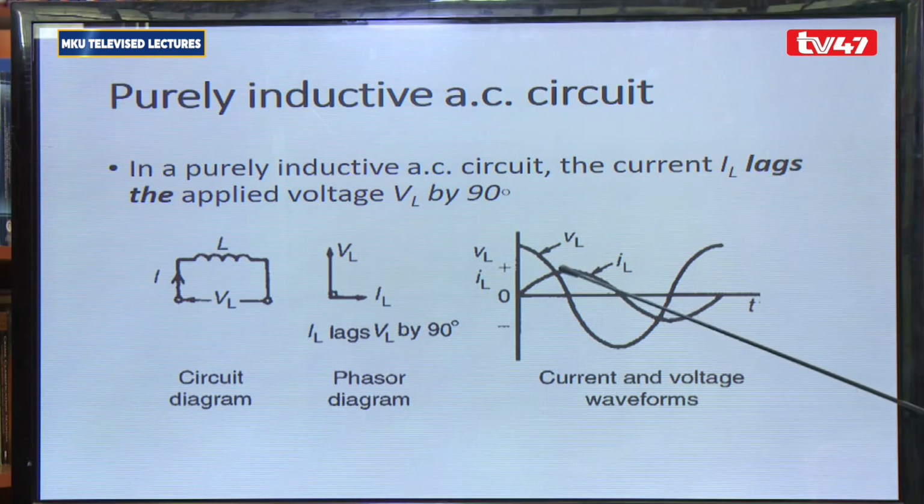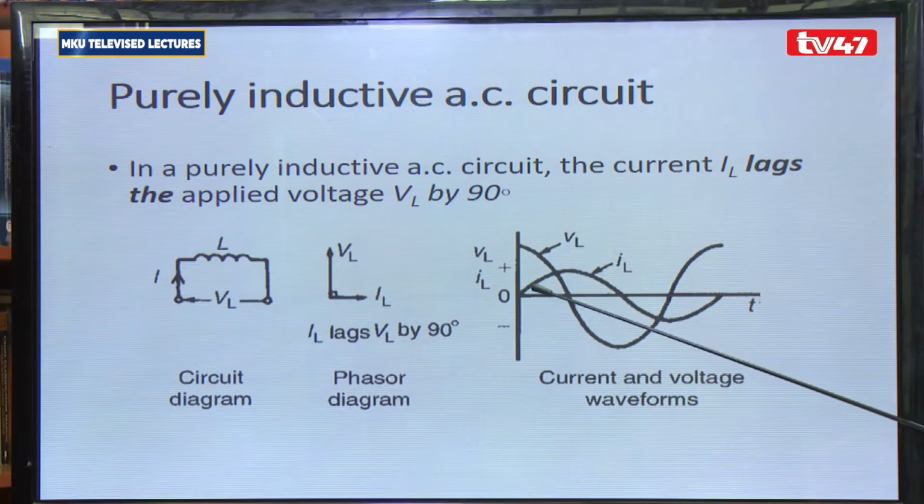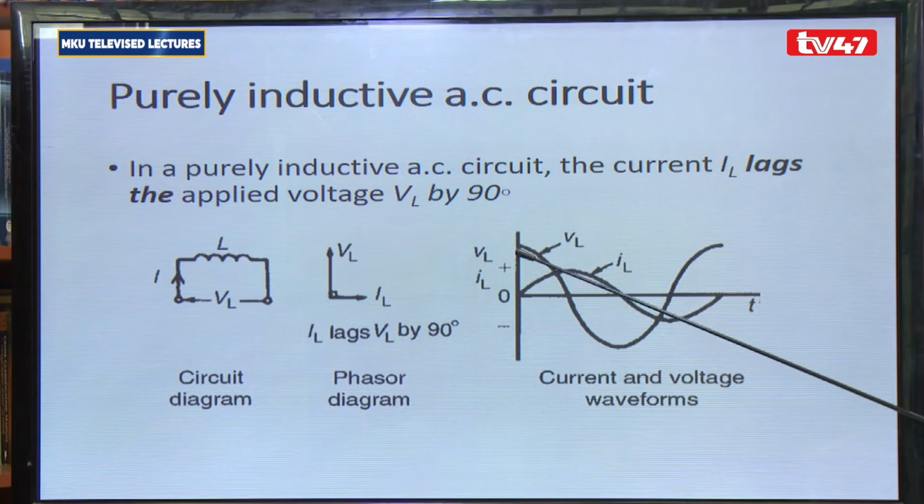And as you can see from this waveform here, they are not starting at the same point as we have seen for the case of the purely resistive circuit. Now, the current is starting at 0, while the voltage is starting on a positive point. Therefore, it is leading.